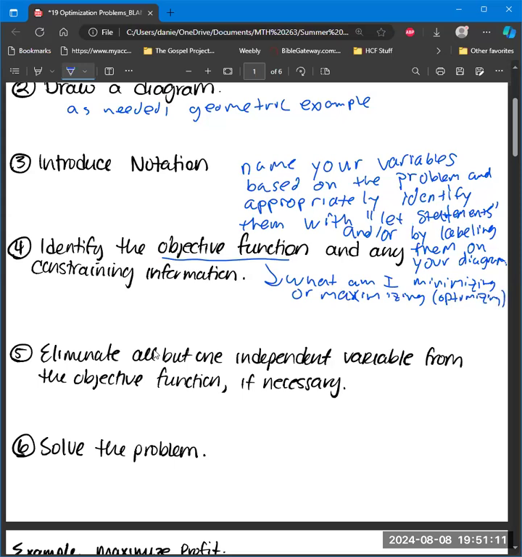Are you looking for maximum volume, maximum area, minimum cost, maximum profit, something like that? Any constraints? This might be things like budget restraints or space restraints or material restraints or maybe time restraints, things like that. And then you're going to use the first derivative test.